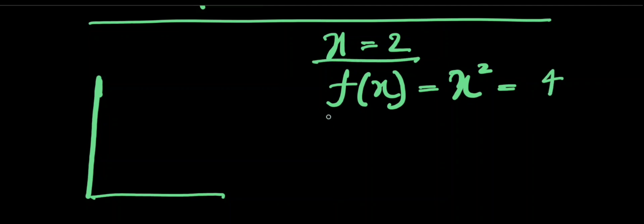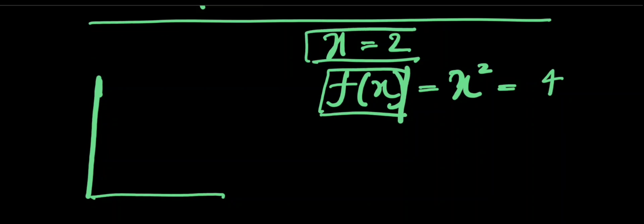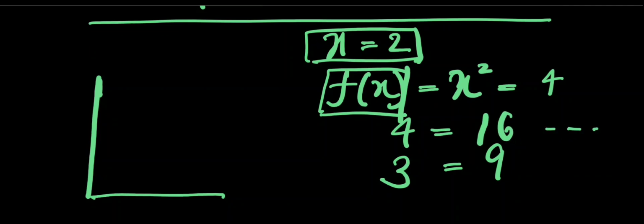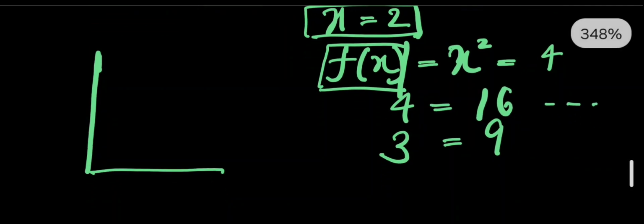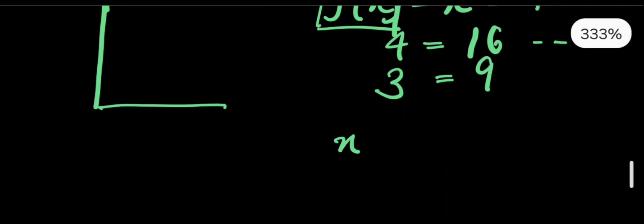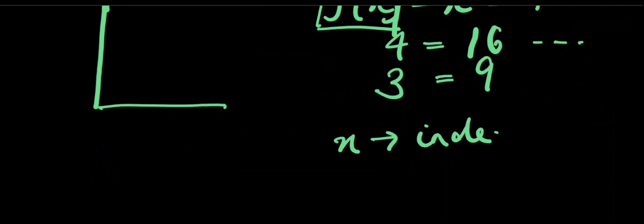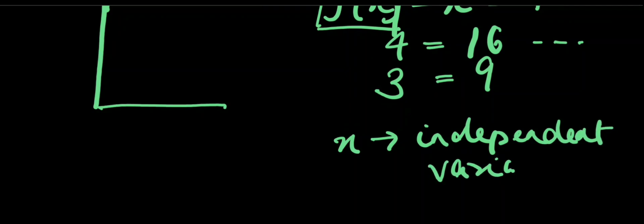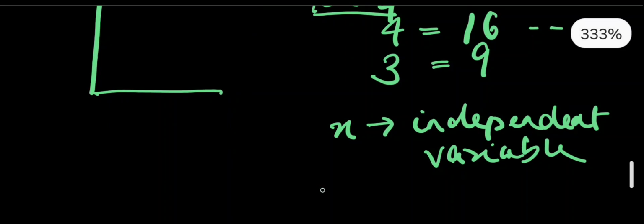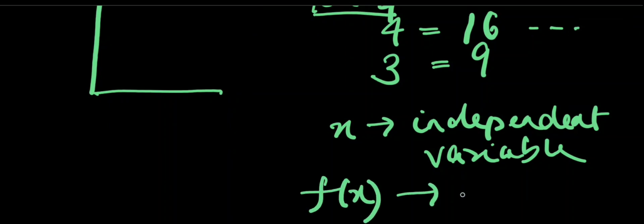Over here we can tell that f of x depends on the value of x. So if x was 3, f of x would change accordingly. It would become 9. If x was 4, it would become 16, and so on. So therefore we can call x the independent variable and f of x the dependent variable.